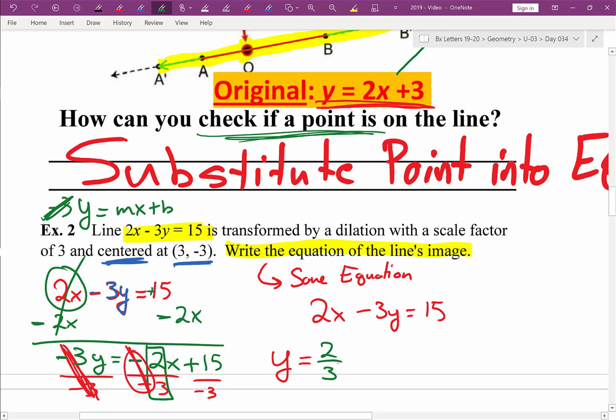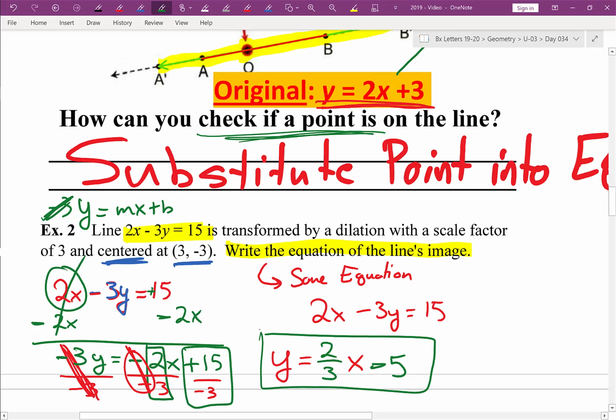And fractions are nice because this is our slope. The thing in front of x is our slope, and then our y-intercept is at the end. 15 divided by negative 3 is negative 5. So on a multiple choice you will probably see this as your answer, and you just have to realize that this equation is literally the same as that equation.